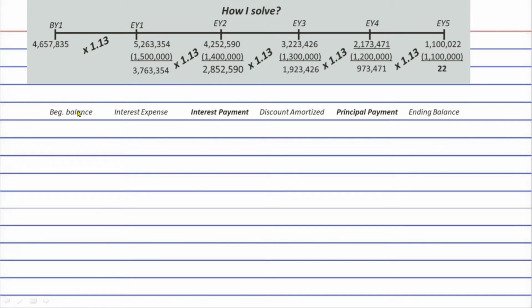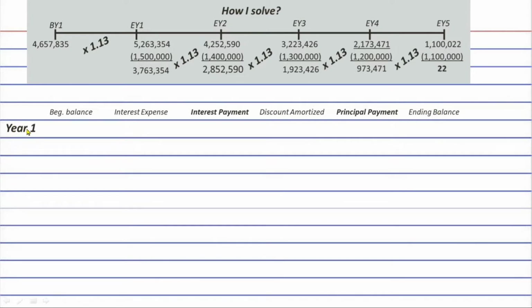We have the beginning balance of the loans, then the interest expense column, and the third column is for the interest payment agreed, and the fourth column is for the discount amortized. We also have a column for agreed principal payments, and lastly, the ending balance column. So let's start filling this up.